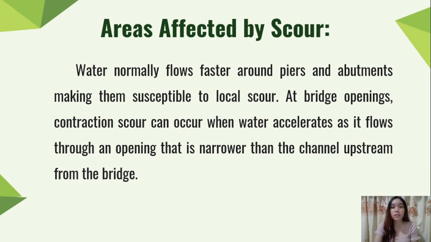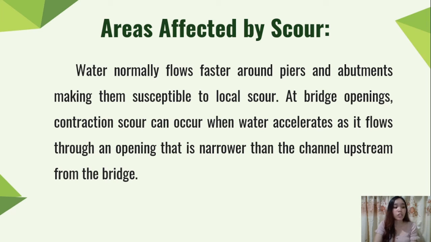So, the areas affected by it. The water normally flows faster around piers and abutments, making them susceptible to local scour. At bridge openings, contraction scour can occur when water accelerates as it flows through an opening that is narrower than the channel upstream from the bridge.